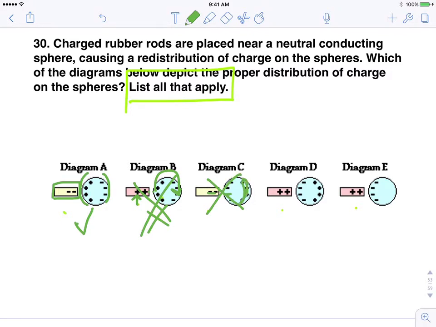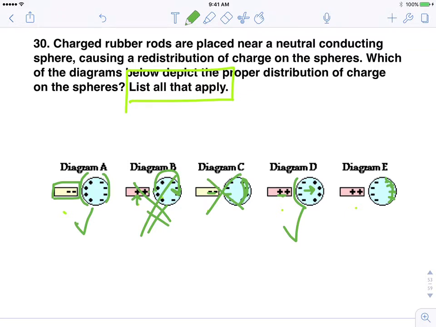Okay, this is correct, right? Because we have positive charges attracting these negative charges, which are causing those positive charges to go to the opposite side. So yes, this is correct. This is incorrect. Why? Well, because this would have the same number of positive charges as negative charges on separate poles, on separate sides.